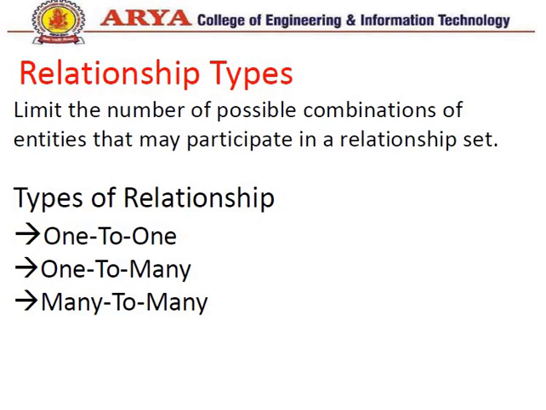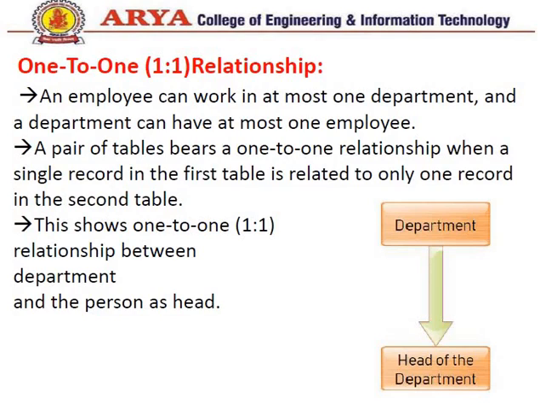Different types of relationships. Relationship types limit the number of possible combinations of entities that may participate in a relationship set. Different types of relationship sets are available: one-to-one, one-to-many, and many-to-many. Now we start with one-to-one relationship. An employee can work in at most one department and a department can have at most one employee.